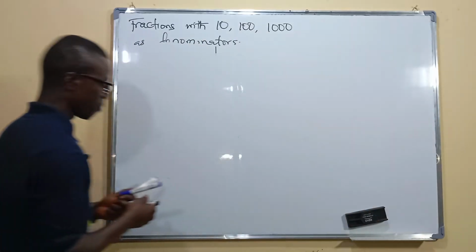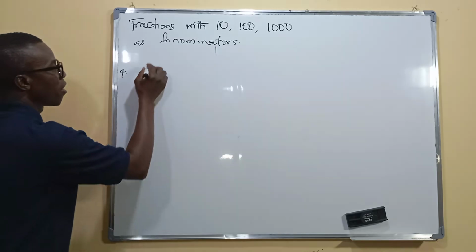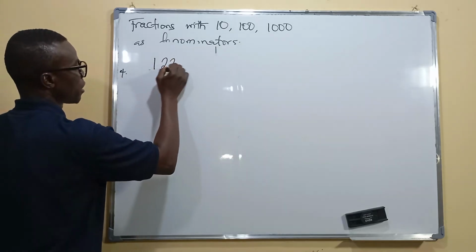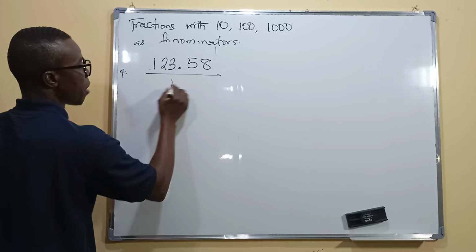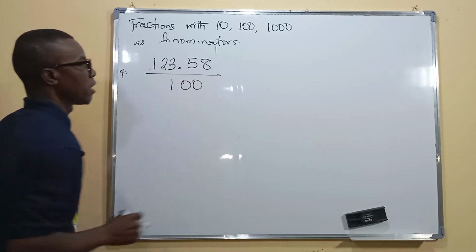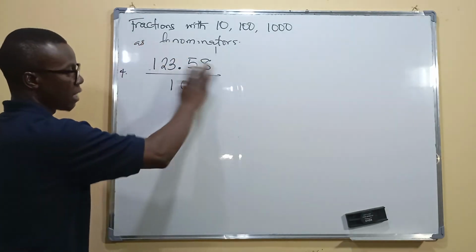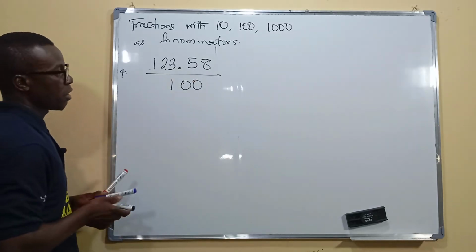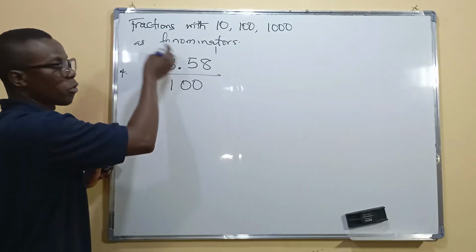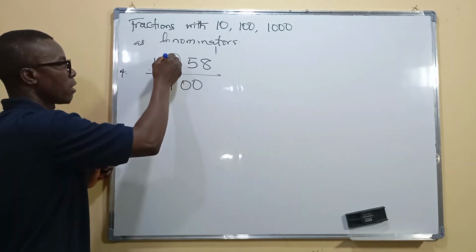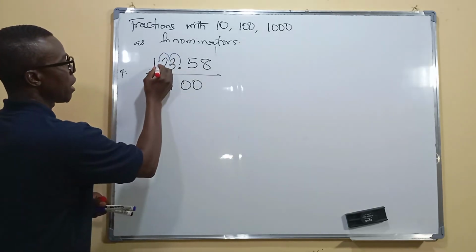And one quick example again. Let's say this is the fourth example. Let's say I have 123.58 divided by 100. So how do I go about this? That is changing it to a decimal, and again, the same thing I did. How many zeros do I have in 100? I have 2 zeros, so I'm going to move 2 steps to the left, 1 and 2, so my decimal point will now be here.